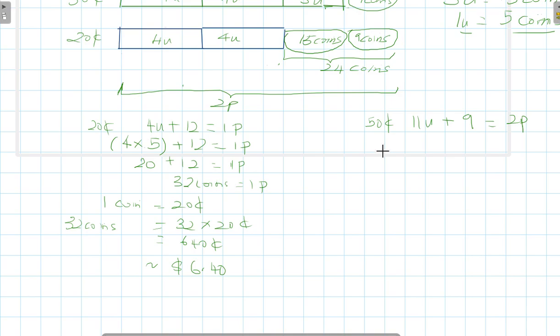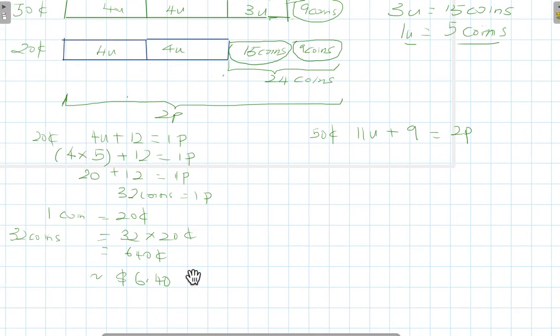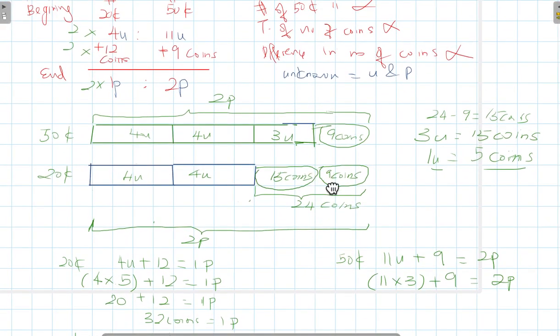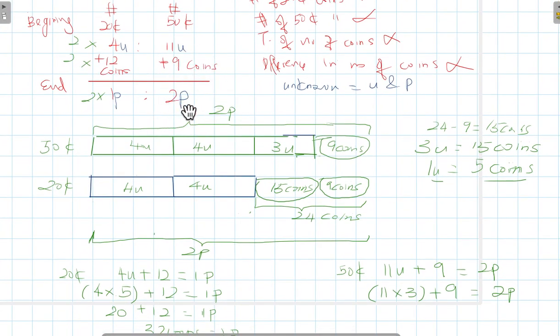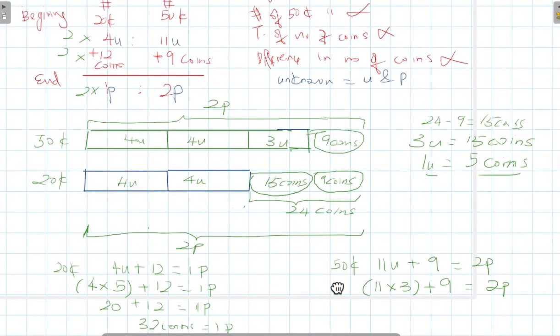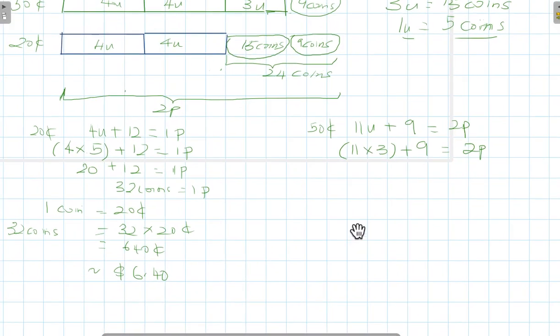Okay, so let's do the 50 cent portion. 50 cent portion, 11 times 3, bracket it, plus 9 equals to 2 parts. Because in the end, I have 2 parts for the 50 cent one. Correct or not? So it will be 33 at 9 equals 2 parts.